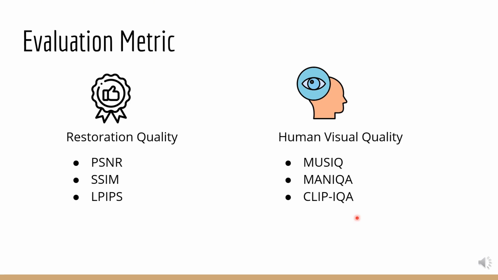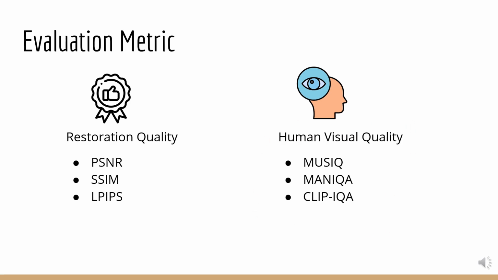The restoration metrics evaluate image quality by analyzing pixel level differences, structural integrity, and similarity between the predicted image and the ground truth. In contrast, the human visual metrics assess perceived quality by aligning the image with human visual preferences and perception.